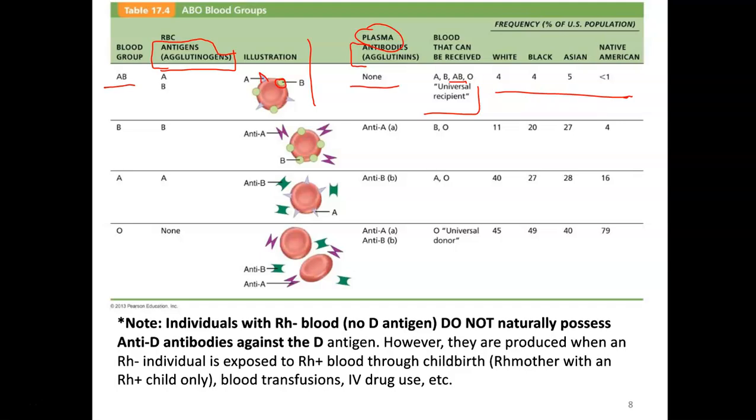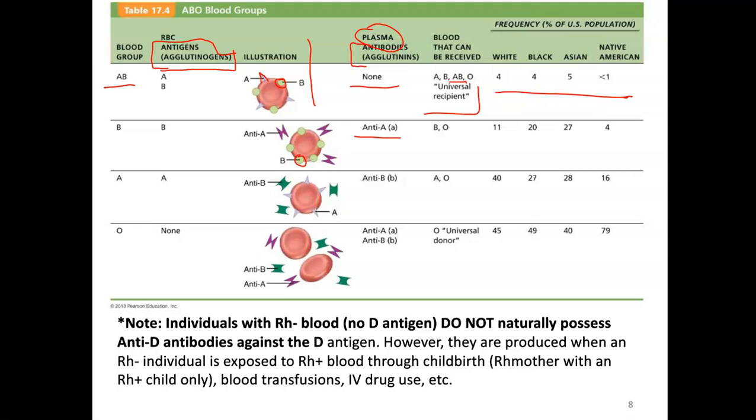Okay, so type B blood. Type B blood only has the B antigen on the cell membrane, and the antibody is going to be opposite of that. So if there's the B antigen on the cell membrane, then there are going to be anti-A or A antibodies in the plasma.